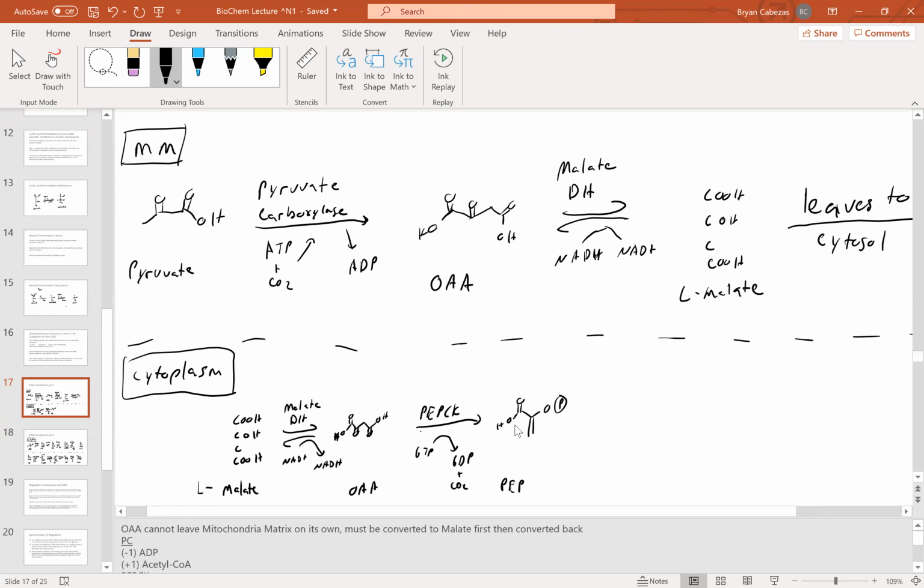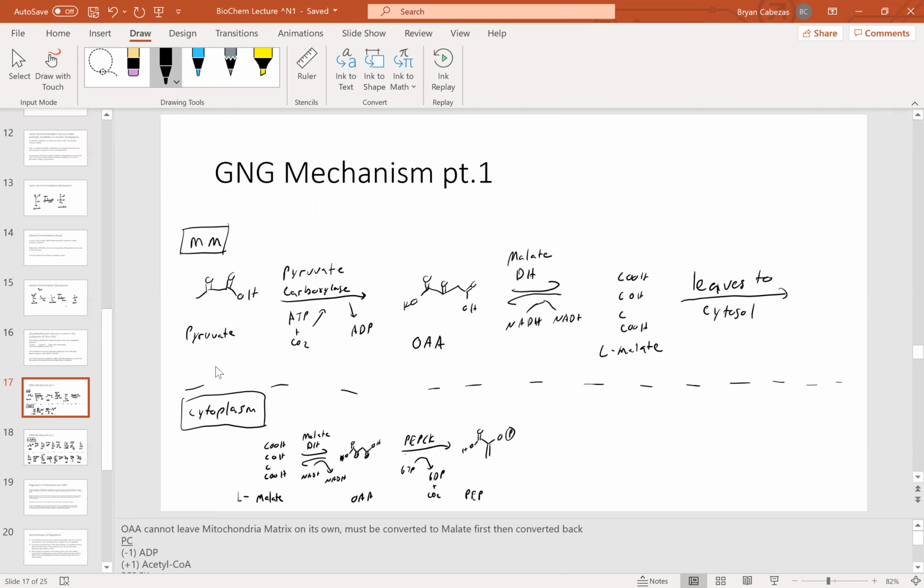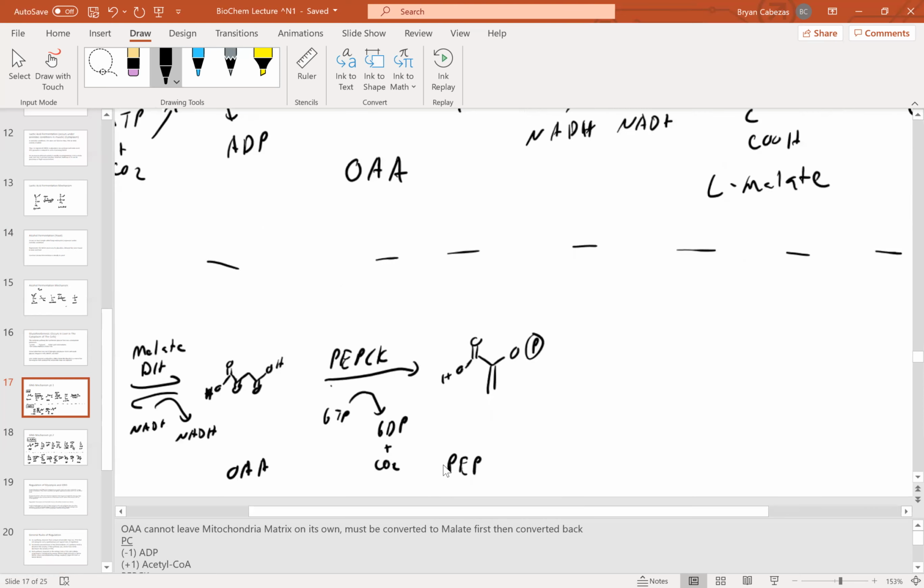So remember, glucose is a 6-carbon structure, and for that reason, we're going to need two of these reactions, and we'll get into the products later. But PEPCK just adds a double bond to our group here in the oxaloacetate and removes a CO2, getting a PEP molecule.